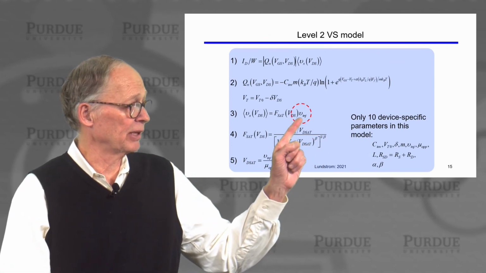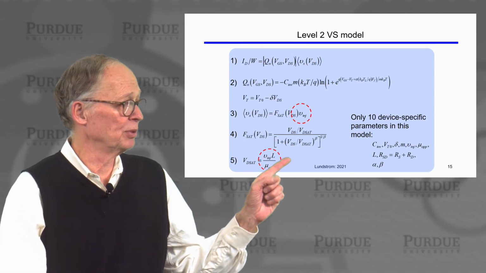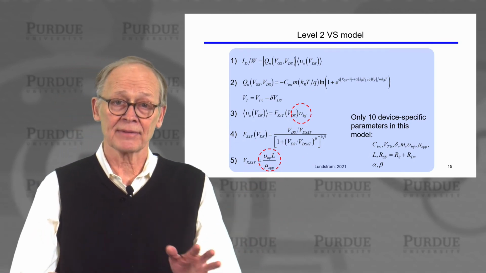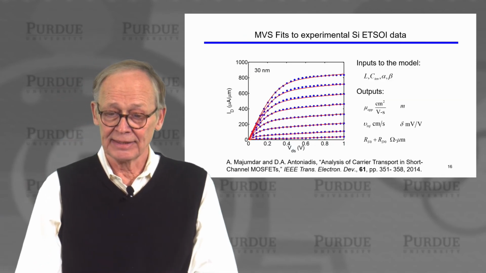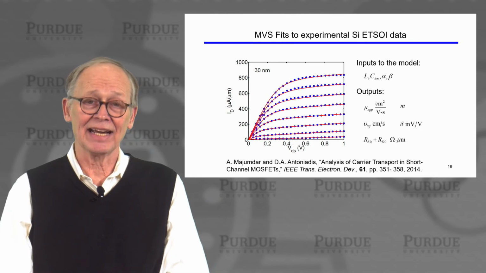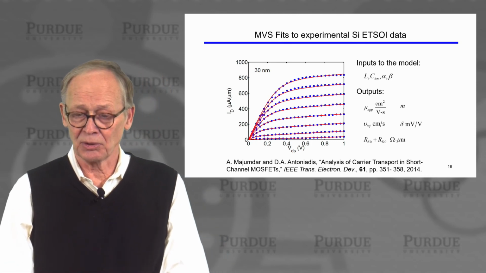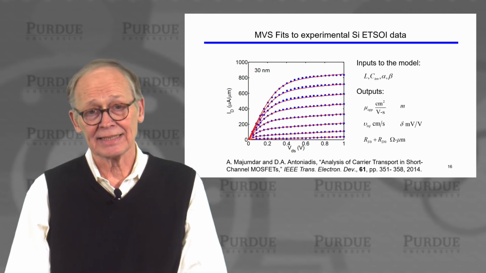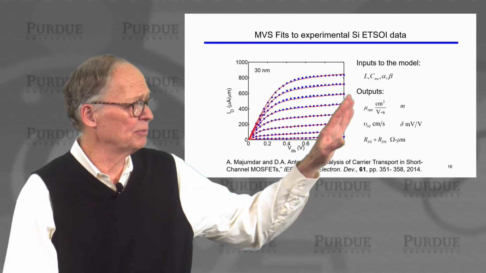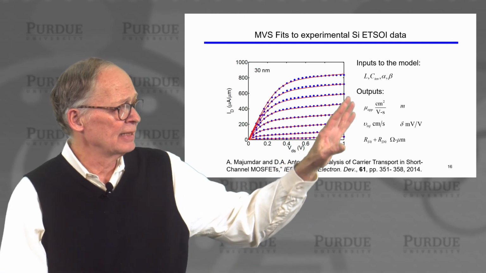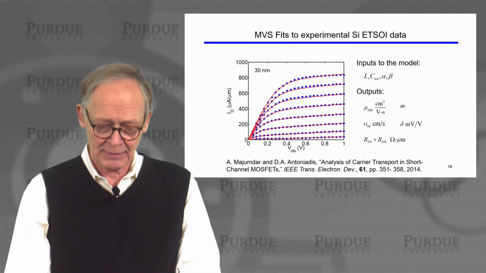We simply replace the saturation velocity with the injection velocity and the mobility with the apparent mobility, and then our model fits devices well. This is an example of the kind of fit that you can get to modern short channel transistors with just a small number of fitting parameters in this virtual source model. There are a few inputs that we need to know, and then we get some very useful outputs by fitting the measured data.